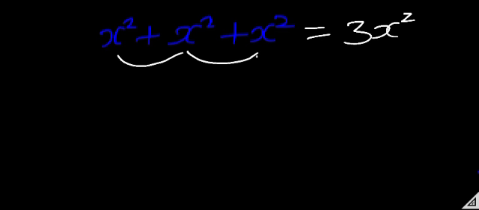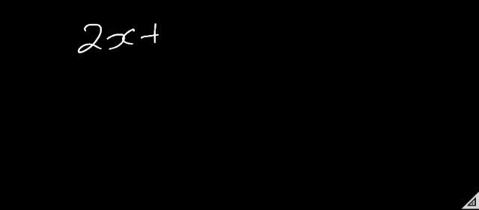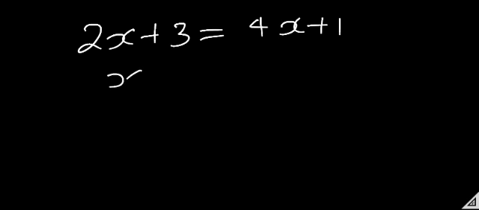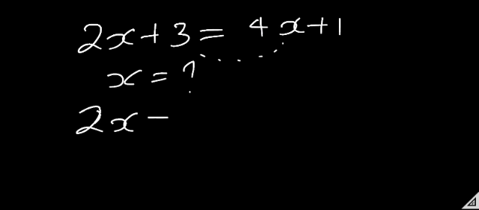Alright, so let us just apply this to simple equation. For example, we have 2x plus 3 is equals to 4x plus 1, and it says solve for x. You collect like terms, and you know the basic law. They are very easy. You bring x together and you bring numbers together. So this will be 2x. Now we try to bring 4x to this side, right, so that x will be standing alone. So now when 4x is coming to the other side, it becomes minus 4x, right, because it is crossing past an equality sign.